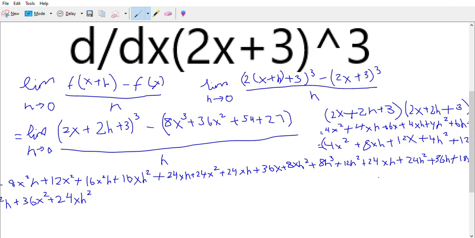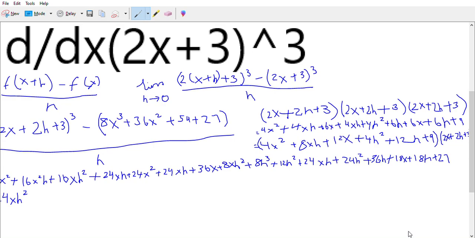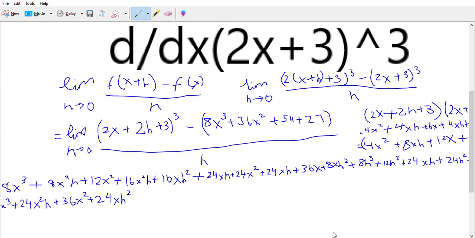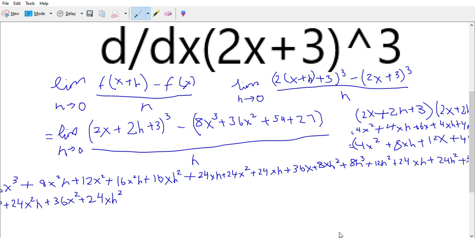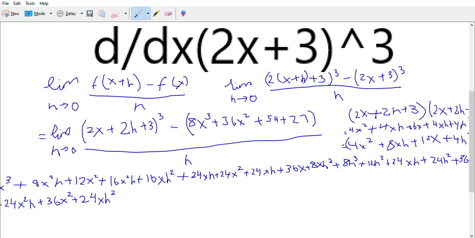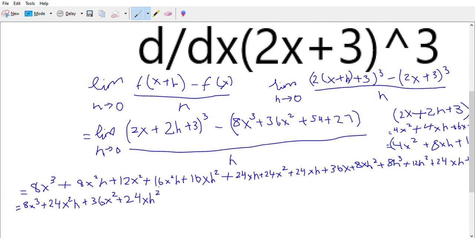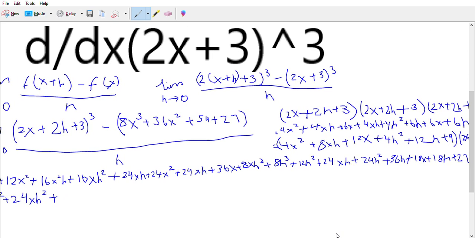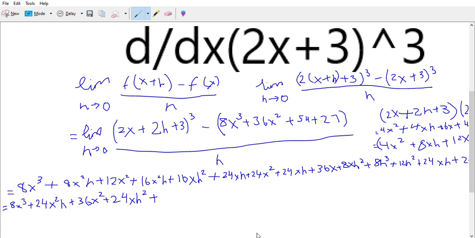And then there is another 24, so that will be 72. By the way, I just realized there are another 8xh squared. So that means it's actually 32 here, but first I want to write 48 plus, I'm so sorry, I lost track, 72xh. I've definitely lost track of what I'm doing.